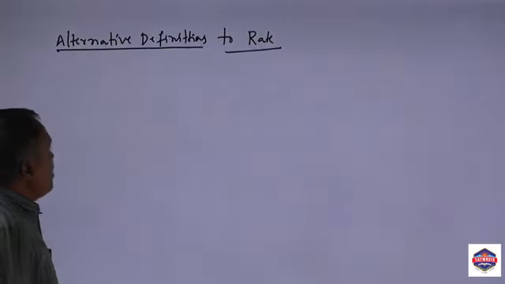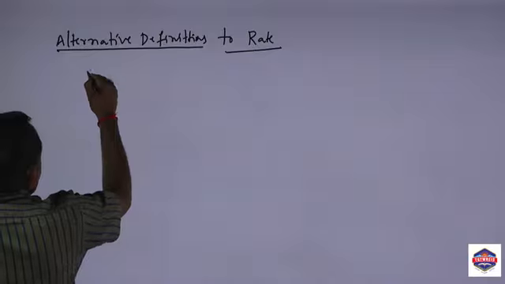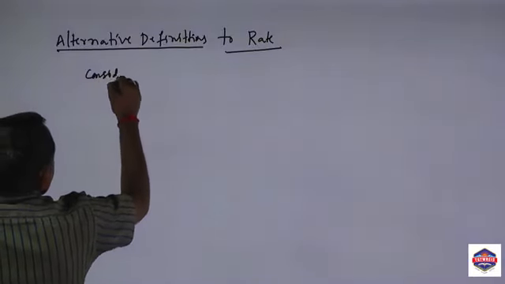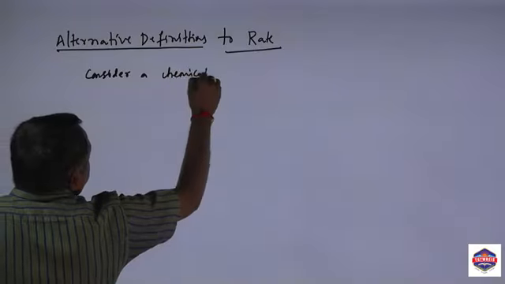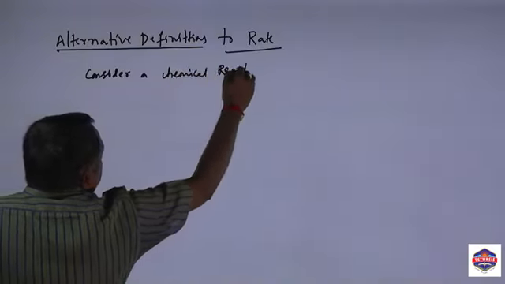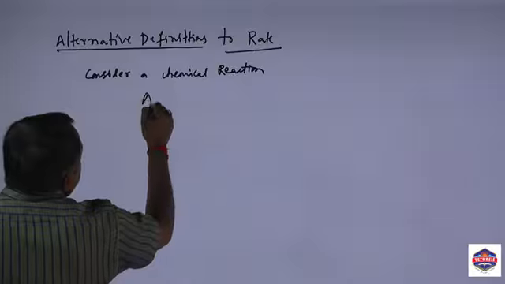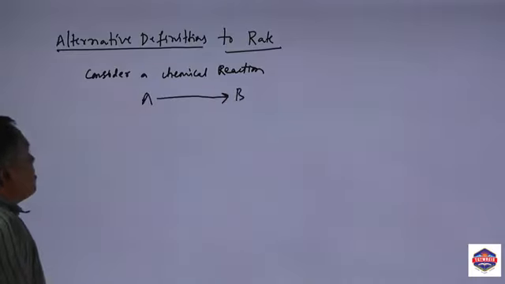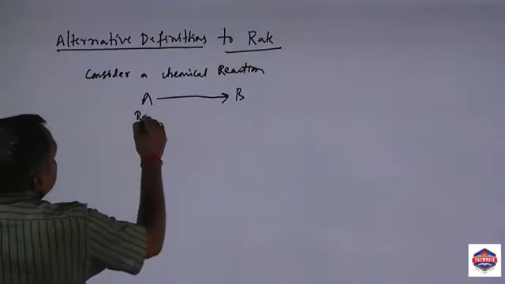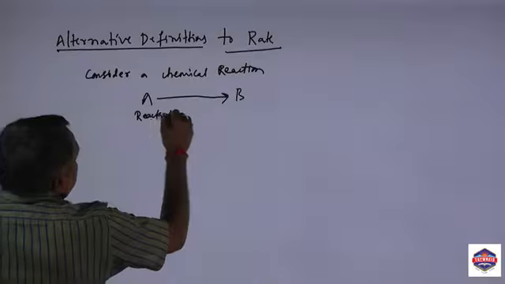For example, consider a chemical reaction, A gives B. A is the reactant and B is the product.